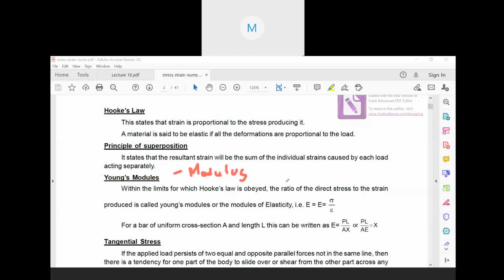According to Hooke's law, stress is directly proportional to strain, right? Sigma is directly proportional to epsilon, and then we got another constant E. That constant is known as Young's modulus. Yesterday we discussed that. Young's modulus varies for different types of materials. Is it clear, everyone?